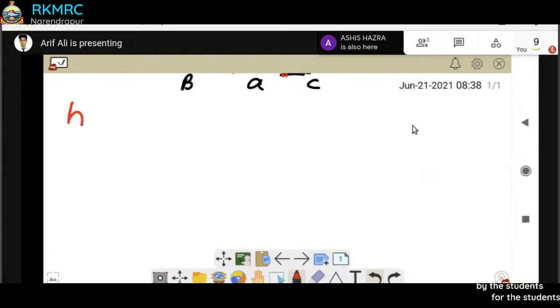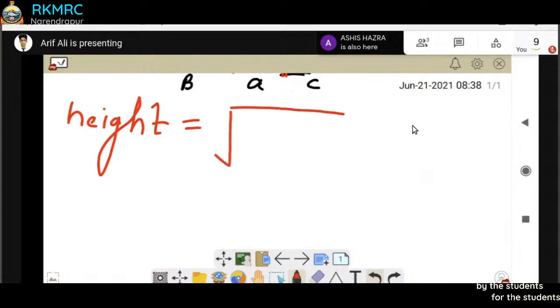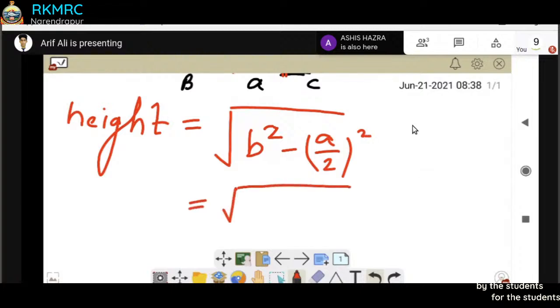So if you are asked to calculate height of that isosceles triangle, then the formula is root under b square minus a by 2 square. You can also write it as b square minus a by 4.